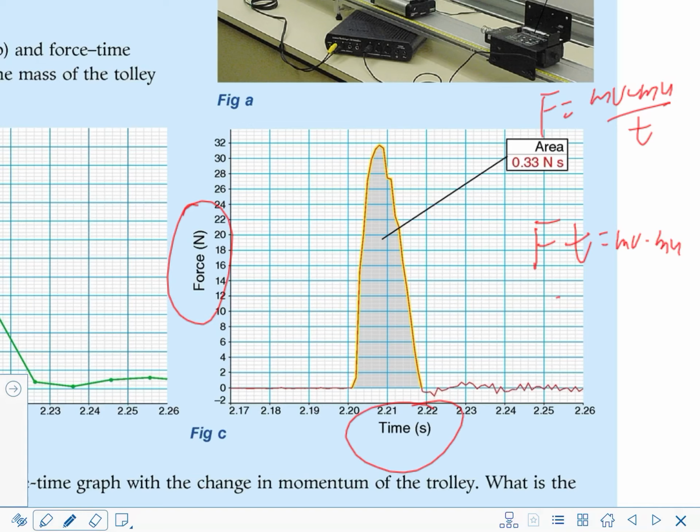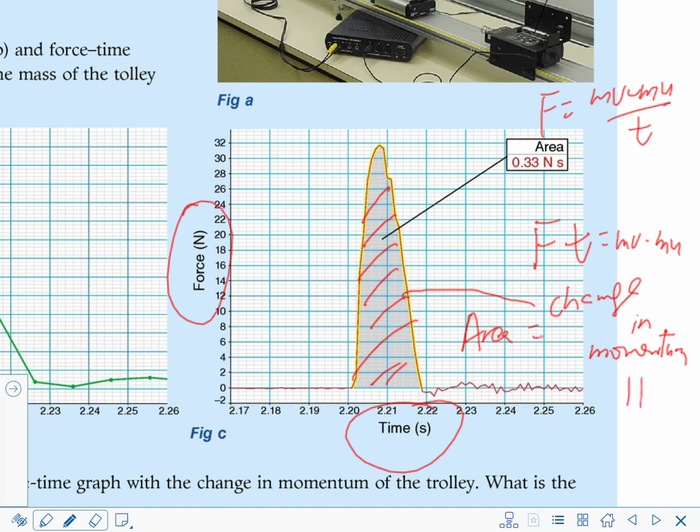So Ft equals mv minus mu. That is change in momentum. The area under the FT graph has a physical meaning, equal to the change in momentum.